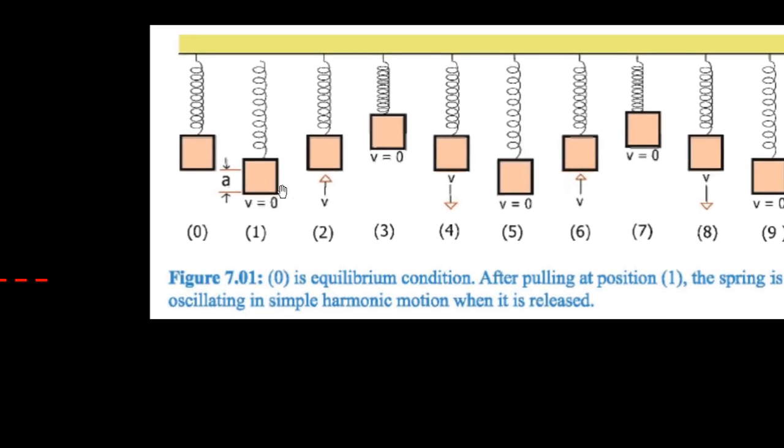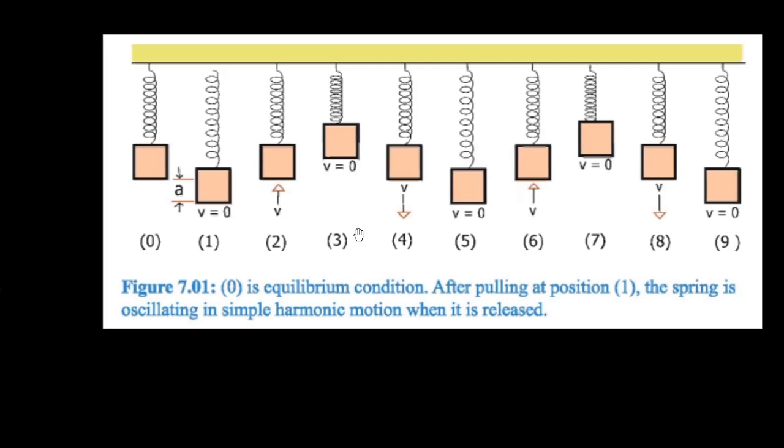So here we see the object repeatedly comes to the point of equilibrium at figure number 2, 4, 6 and 8.